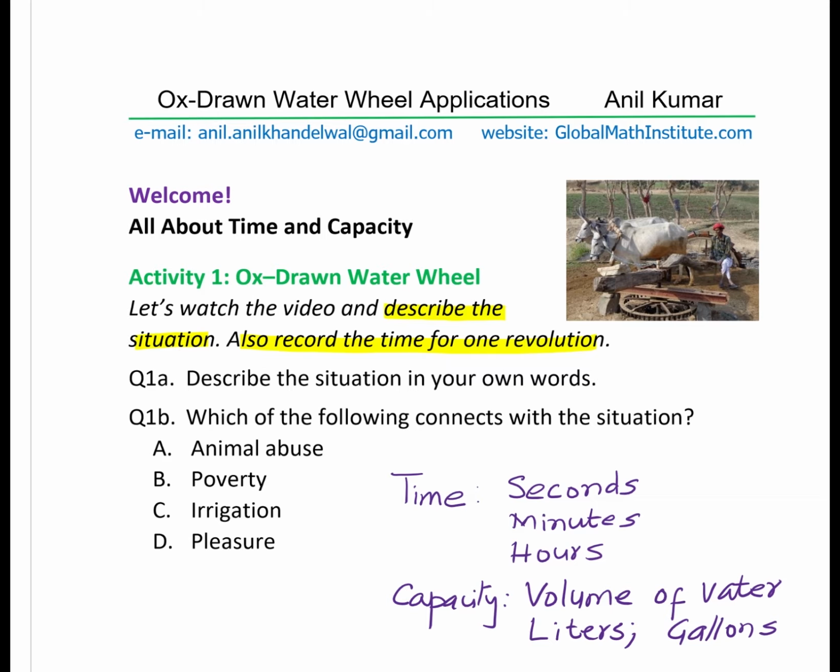It is definitely irrigation. For thousands of years, this practice has been used for irrigation, where a pair of ox will go around, and that rotation is translated to the vertical rotation here, where you have the water buckets, and they will pull the water out of the well, and the water goes into the fields with the canal system.